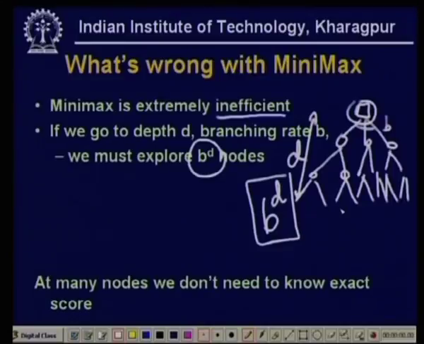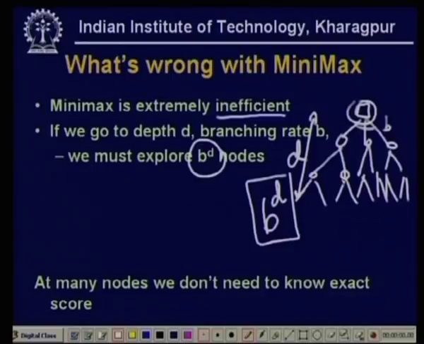However, note that while we are doing this minimax search, we are only concerned with the best move for max at the root level. We really do not need to have the correct minimax value at all the intermediate nodes. The exact minimax value we do not need to have for all the nodes.